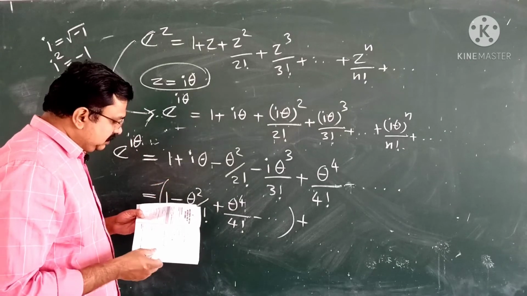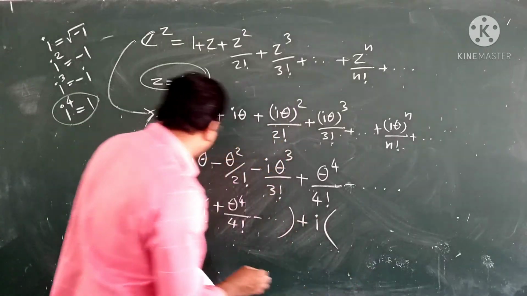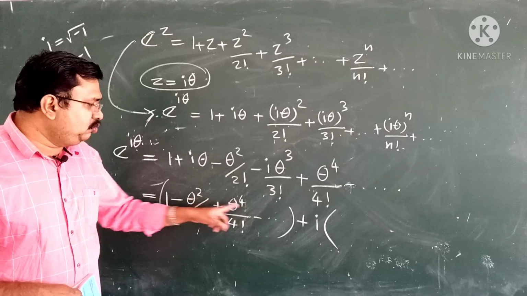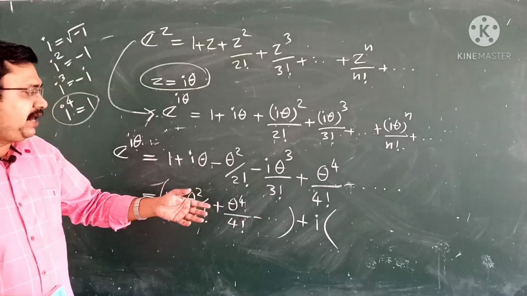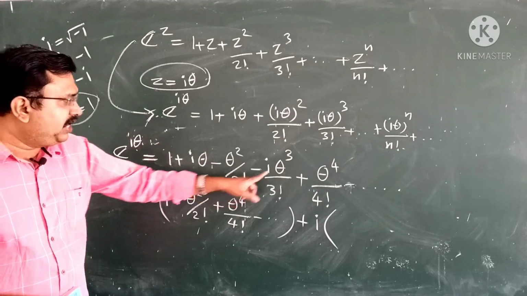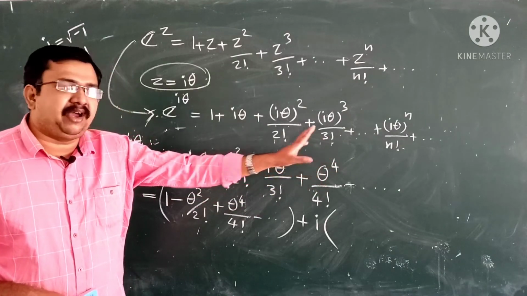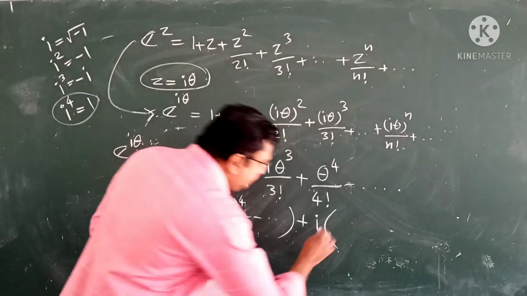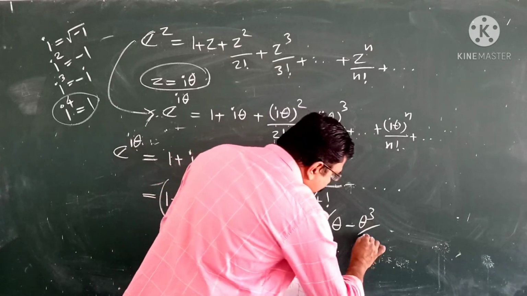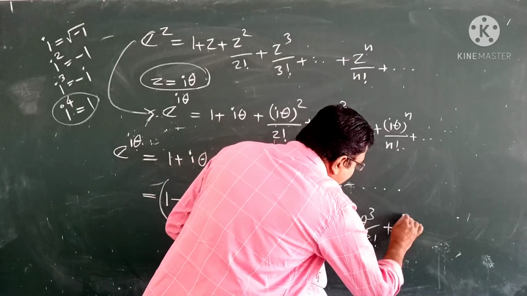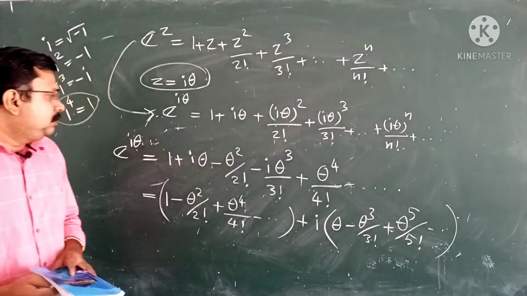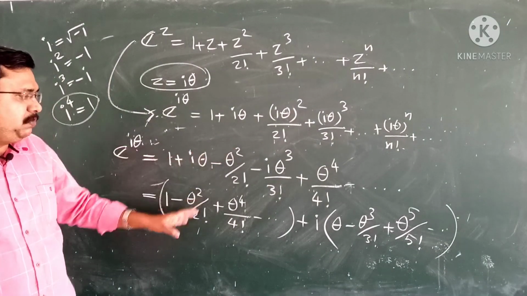then the next one: i is taken outside, and the remaining terms with even powers are 2, 4, 6, 8 etc. Next we write the odd powers, that is i theta, then i cube, next i theta raised to 5 etc. That is i into theta minus theta cube by 3 factorial plus theta raised to 5 by 5 factorial minus etc. So e raised to i theta is split into 2 parts.